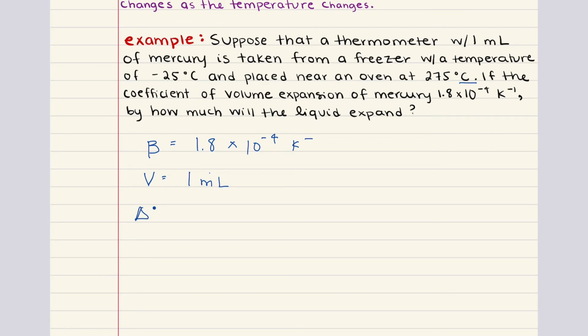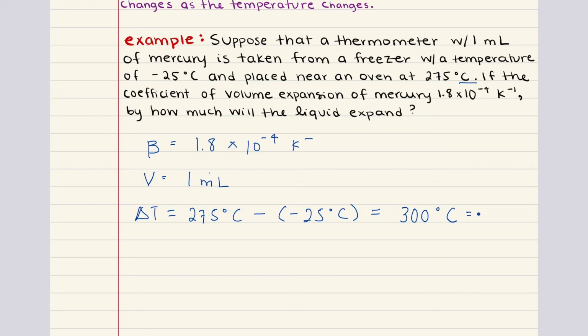And finally, we're given the initial and final temperature so we can calculate the change in temperature. Our final temperature is 275 degrees Celsius, minus our initial temperature, which is negative 25 degrees Celsius. Now, when we do this, we get a change in temperature that is equal to 300 degrees Celsius.